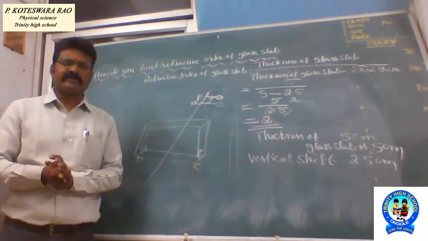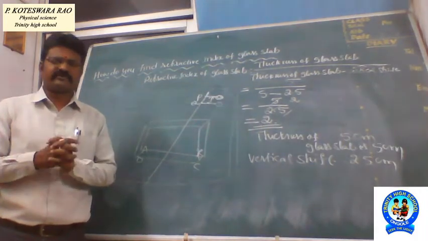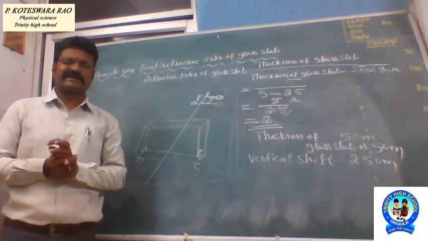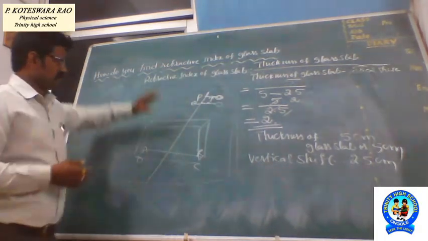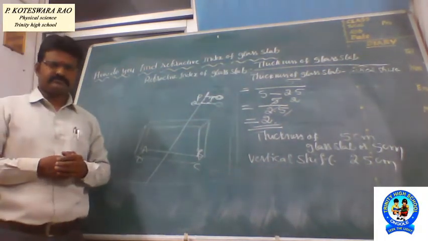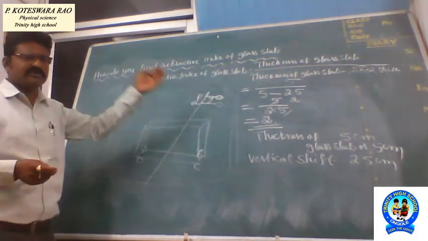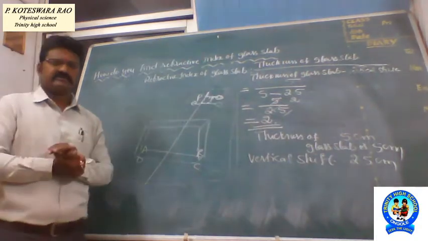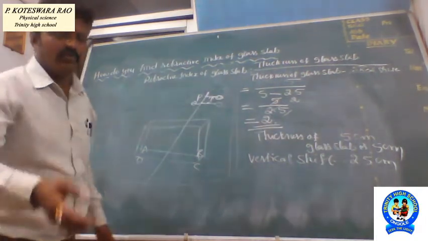Third, how do you find vertical shift? And finally, how do you find the refractive index of the glass slab? These are all our related terms. With the help of one concept, we can conduct them one by one.